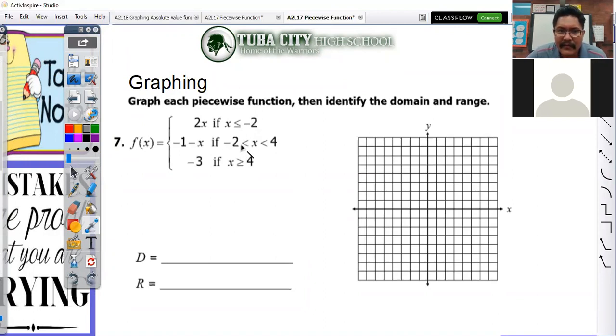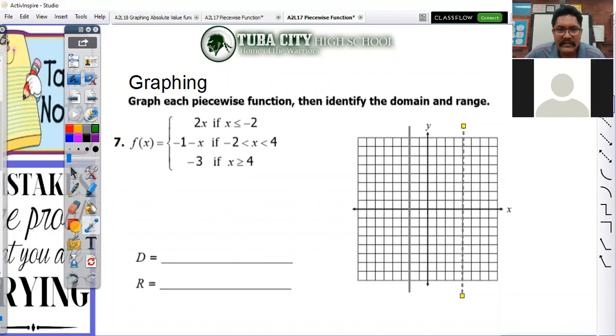Anyway, they both break at -2, so I'm going to put a light line right here. I'm going to leave it that way, even though I've been using dash lines lately for that. I have another break at 4, so I have a matching line here. Those are just there to tell me to be careful, because your line is going to have to stop right there when graphing it.